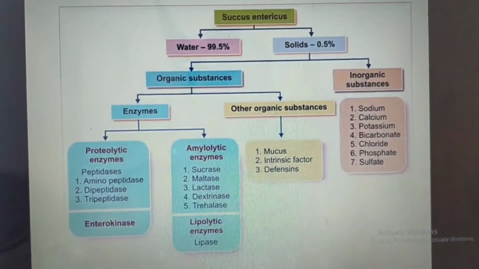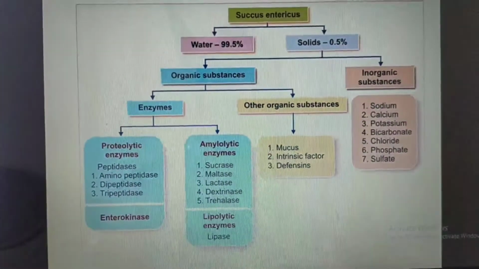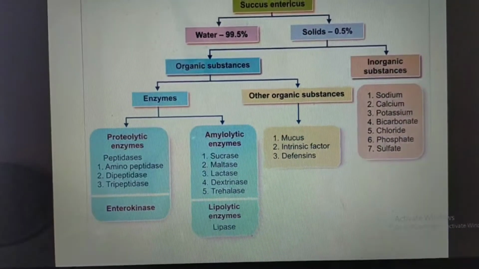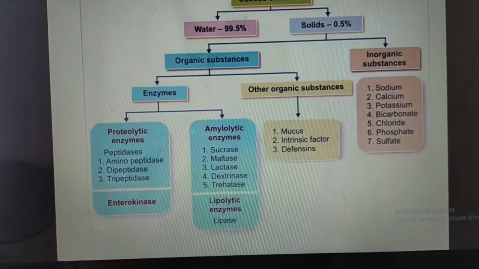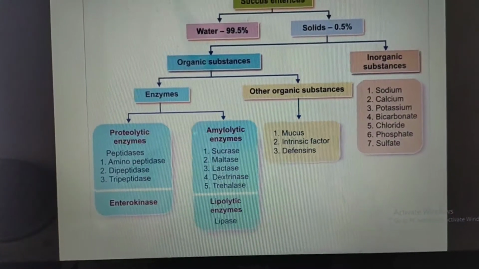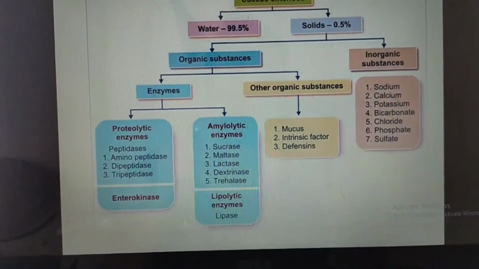In organic substances there are enzymes and other organic substances. In enzymes there are proteolytic enzymes, which include peptidase, dipeptidase, tripeptidase, and enterokinase.